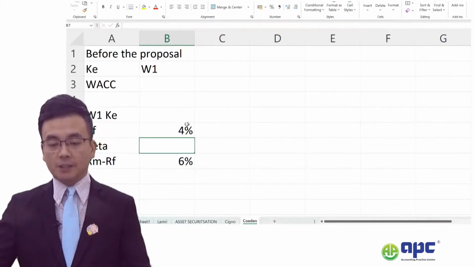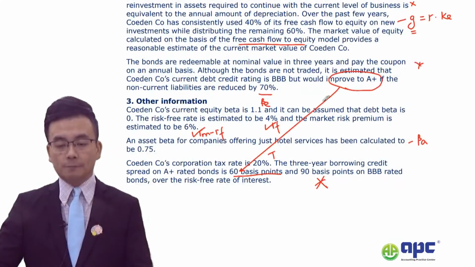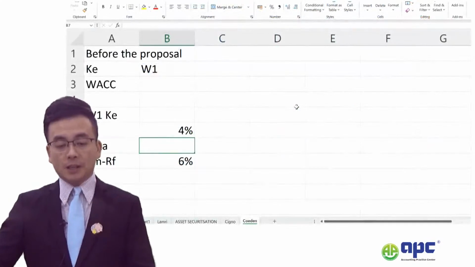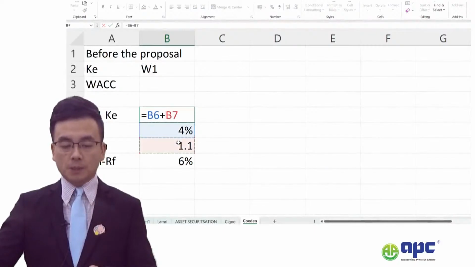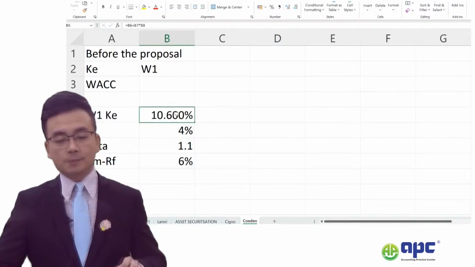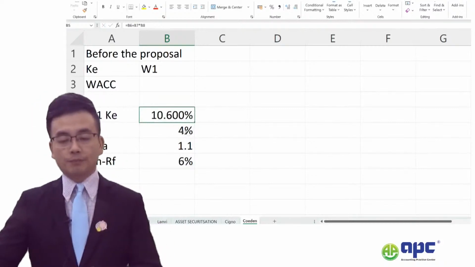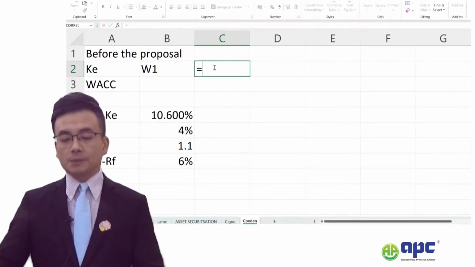Currently it's the equity beta reflecting the assets and liabilities altogether. That's 1.1. So the cost of equity equals the risk-free rate plus beta times the premium. That's 10.6%. Okay, that's the starting point, so before the proposal I would say that it's 10.6%.